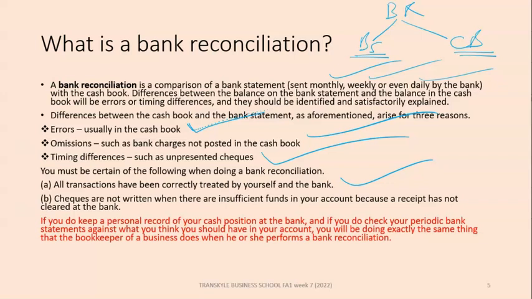Checks are not written when there are insufficient funds in your bank, because a receipt is not cleared at the bank. You also have to make sure that when you write a check, you are aware that in your bank account there is money. Otherwise, that check might bounce, and what you have reported in the cash book would end up being different from what is obtaining on the ground.